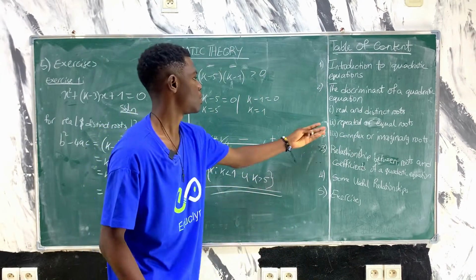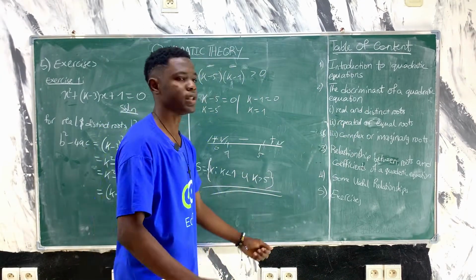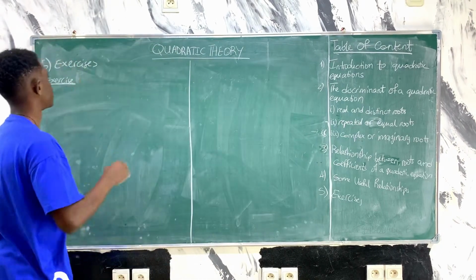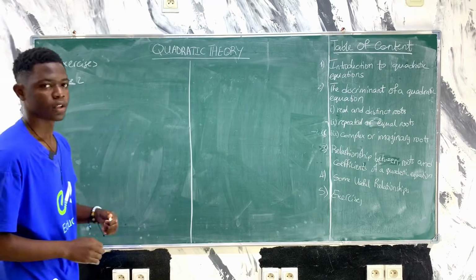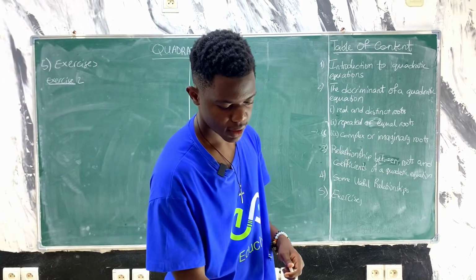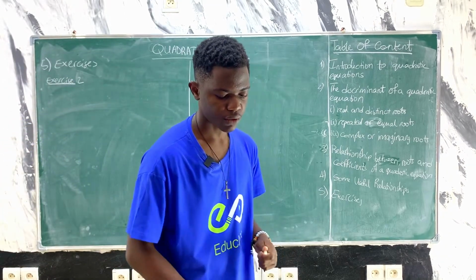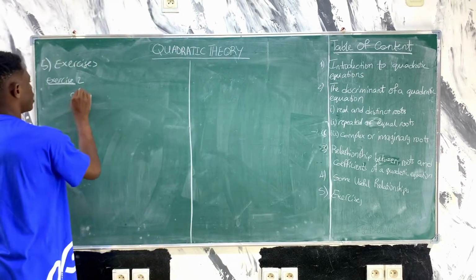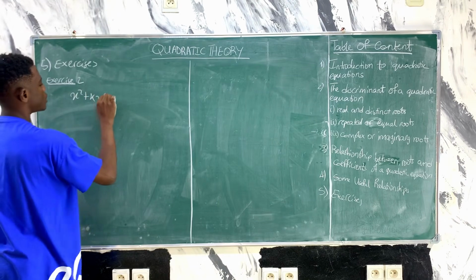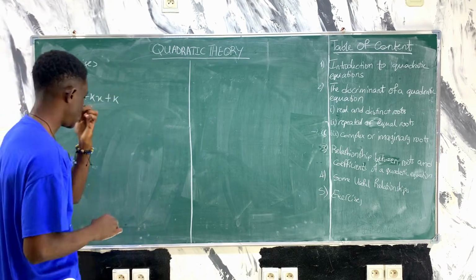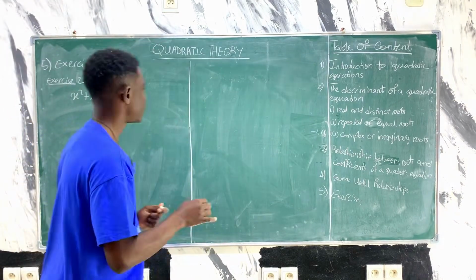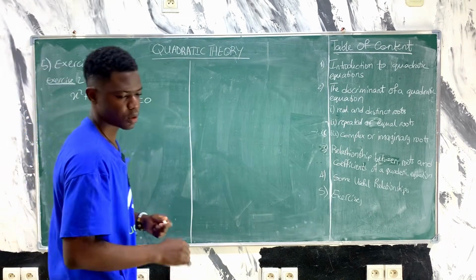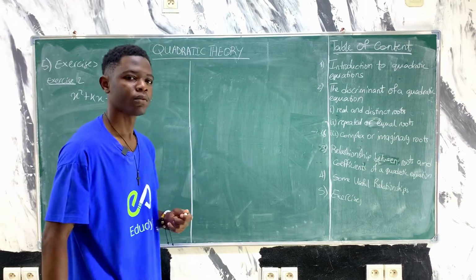We see how to deal with exercises that involve real roots. For exercise 2, it says: find the range of values of k for which the equation x squared plus kx plus k plus 5 over 4 equal to 0 has real roots.